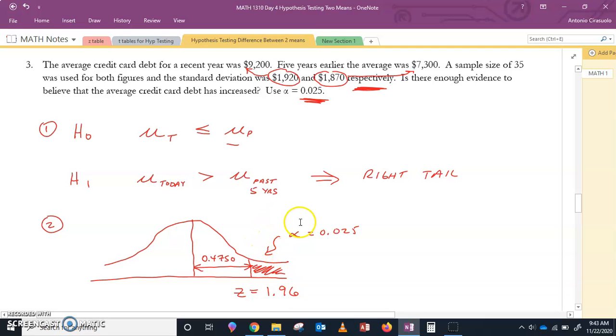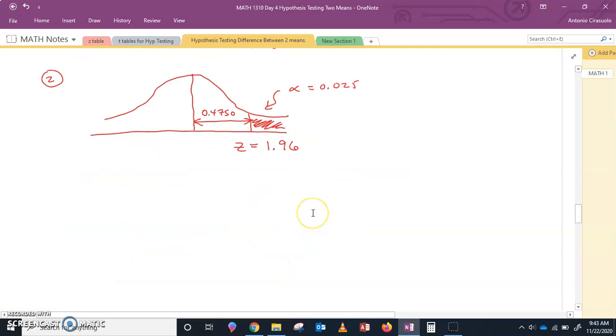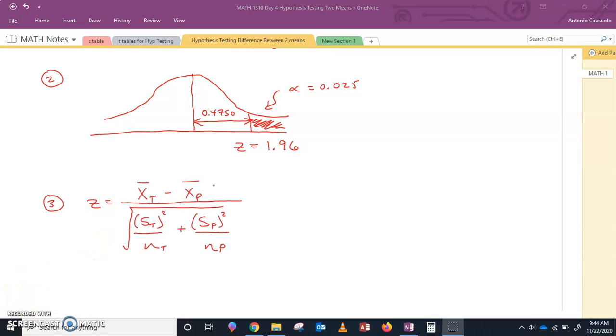Next, we're going to put together our Z-score. And so the Z-score in this case is equal to the difference between two means, the sample mean of today minus the sample mean of the past, and keeping the order straight down here.